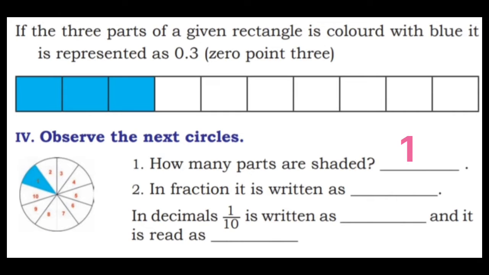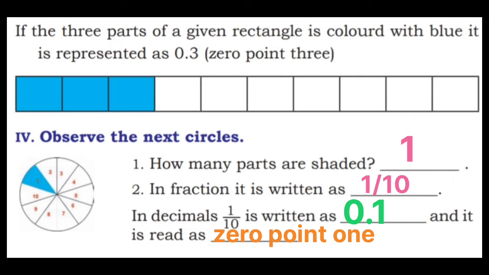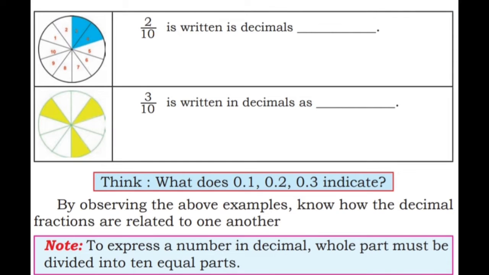Fourth one, observe the next circle. How many parts are shaded? 1 part. In fraction, it is written as 1 by 10. In decimals, 1 by 10 is written as 0.1 and it is read as 0.1. Next, 2 by 10 is written in decimals as 0.2. 3 by 10 is written in decimals as 0.3.